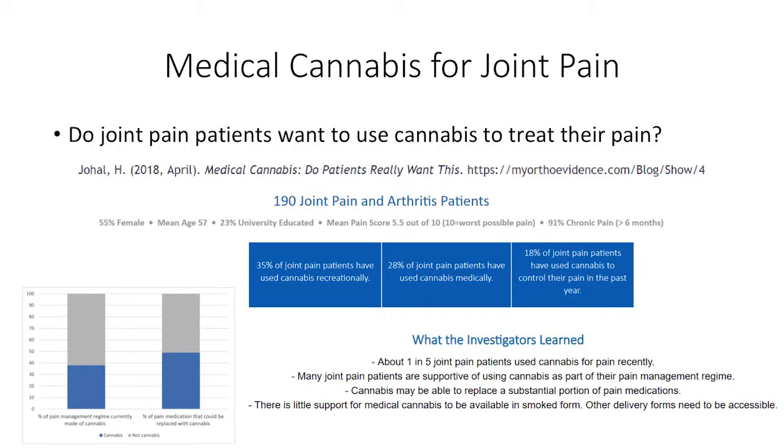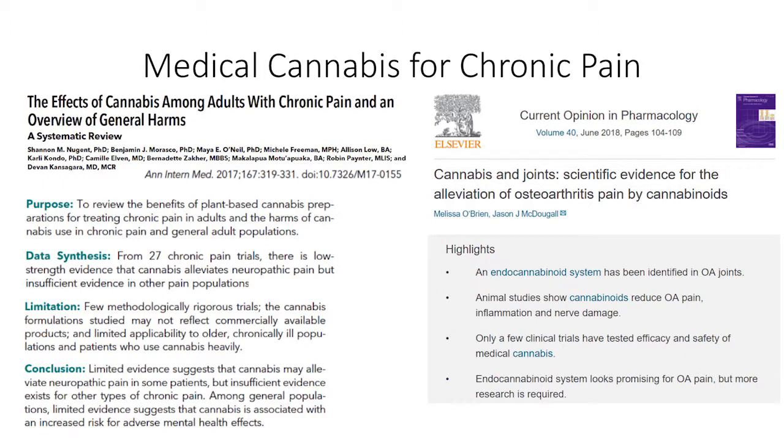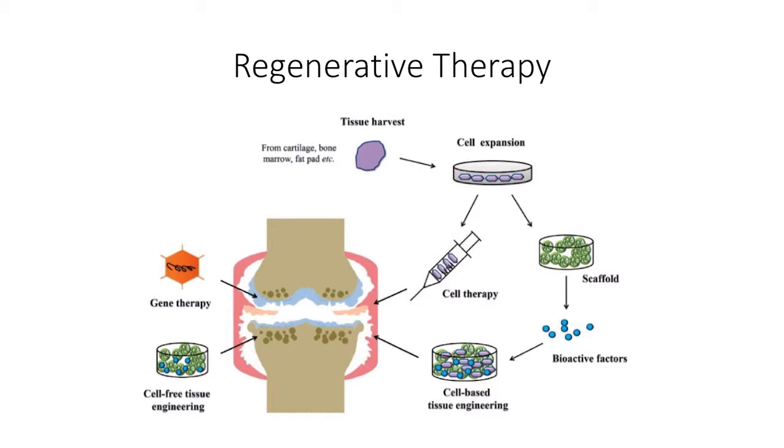So medical cannabis, there is a desire among patients to try to implement this into their pain management strategies. There are endocannabinoid receptors in these arthritic joints, and they have been found to have some benefit for more neuropathic pain, but again, that evidence is pretty low quality. Regenerative therapy, which is stem cells, that's still being developed in the laboratories.